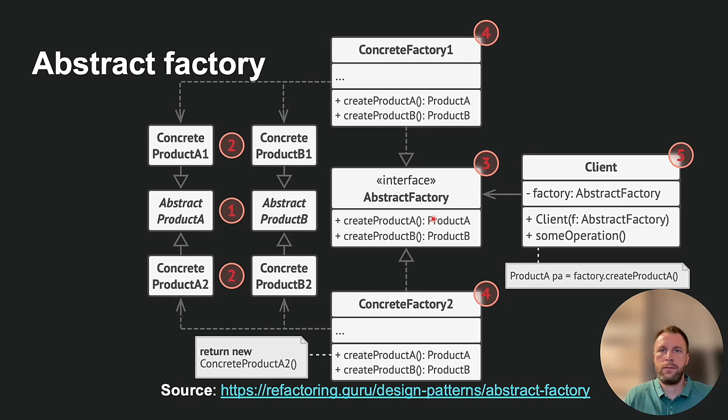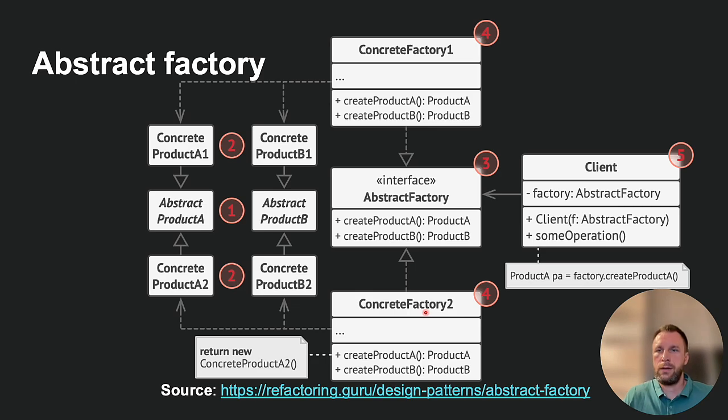It has a method for creating products. This method returns a type which matches the product interface. The creator class focuses on business logic, and the factory method helps separate this logic from the details of creating specific products. Then, under number 4, we have concrete factory 1 and concrete factory 2.